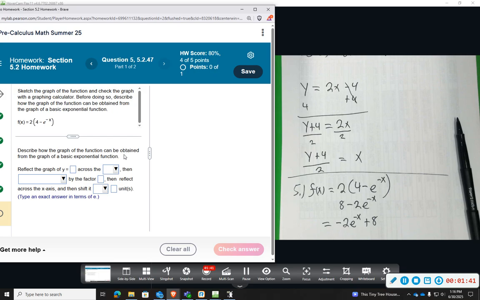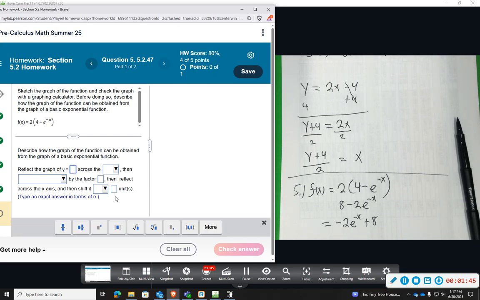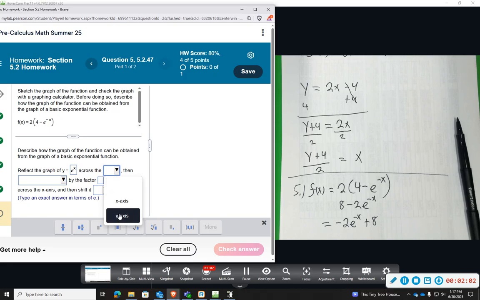So it says reflect the graph of y equals e to the x power. So we're going to start with the basic e to the x, reflect that across the y-axis.